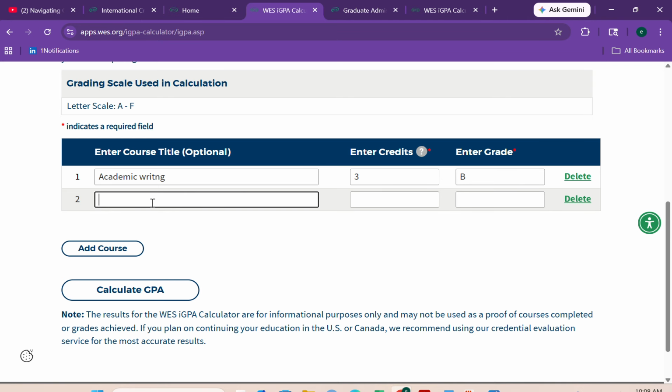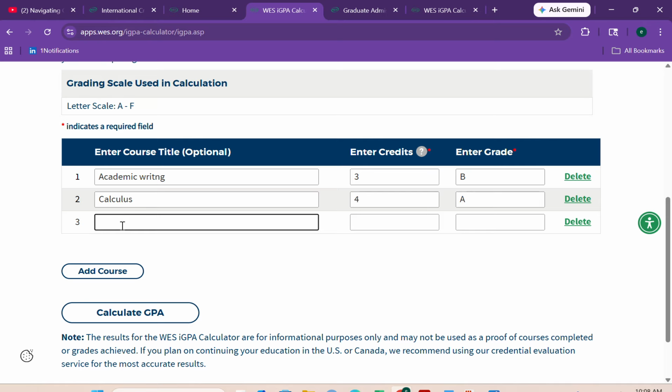You can add, let's say I took calculus 1, or calculus 1 and 2. Then it's also, let's say, 2 or 3 or 4 credit hours, and I had, let's say, a B or an A. I'll enter it. I'll add another course. Let's say I took statistics.